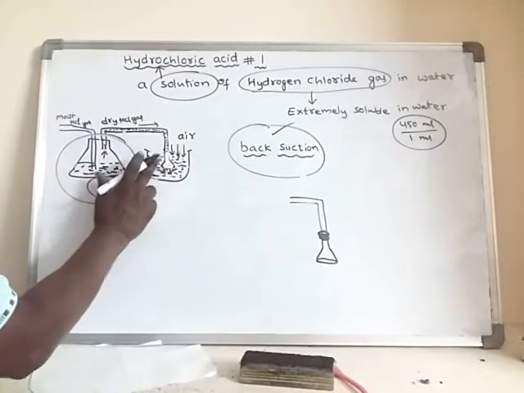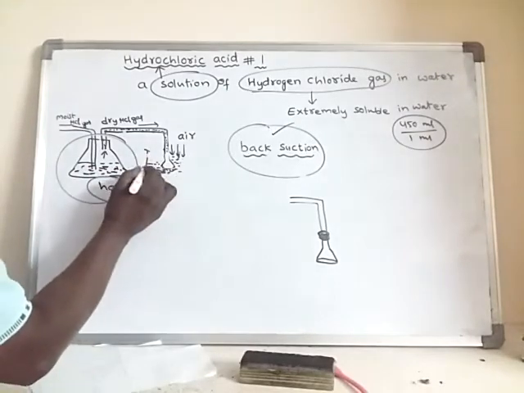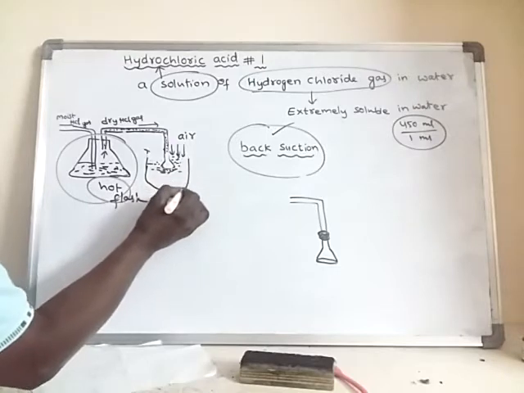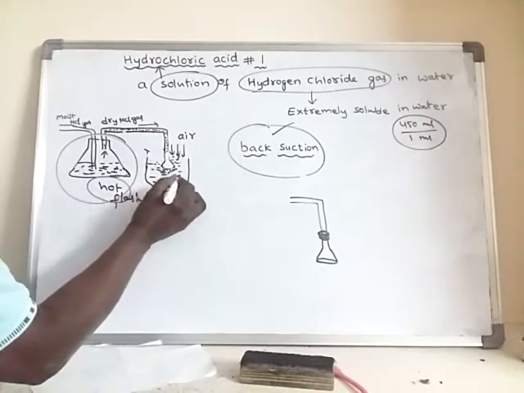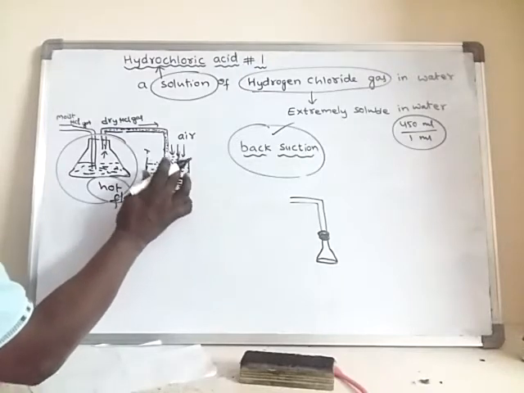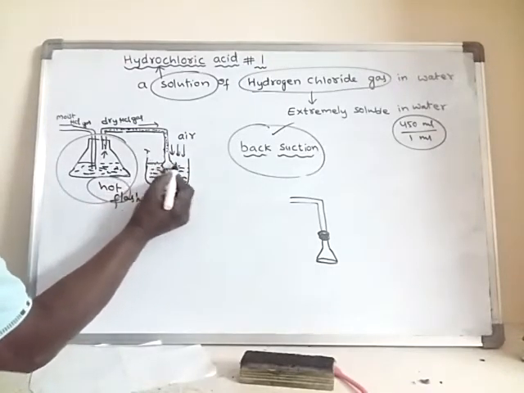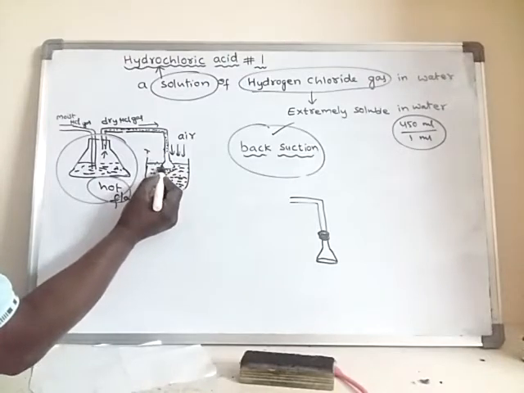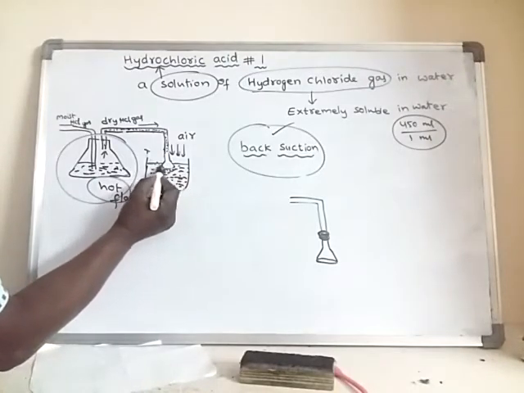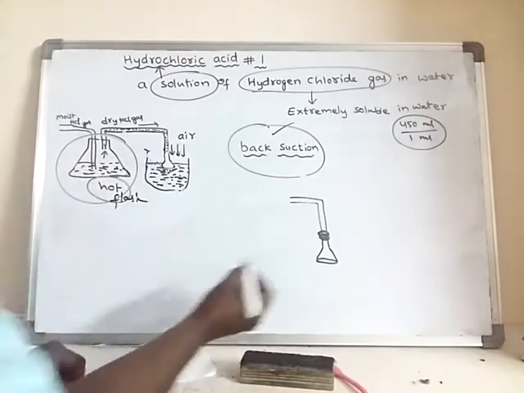See, one thing we have to remember: so this is water. The level of the funnel should be 2 millimeters below the surface of water. So this is important.